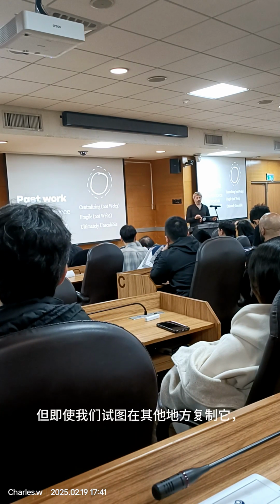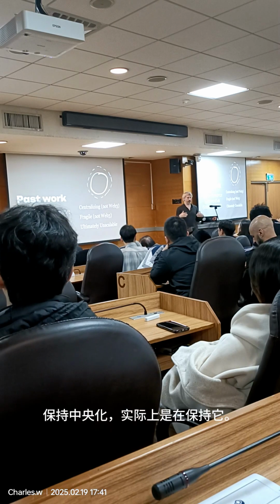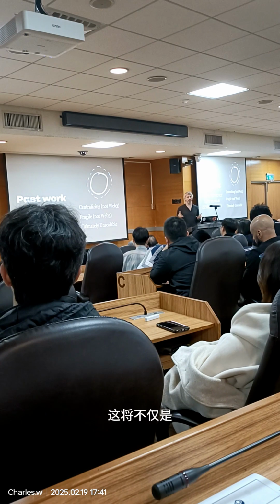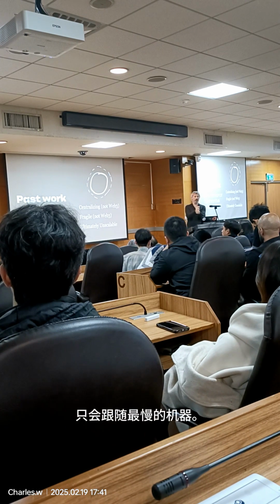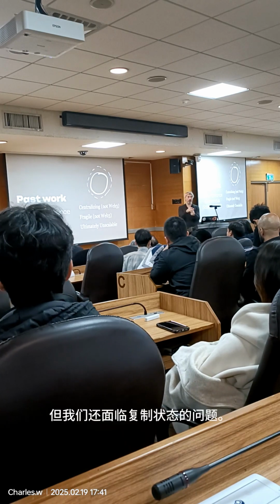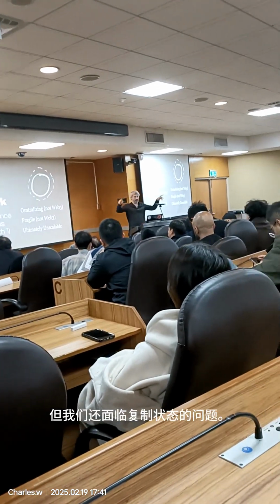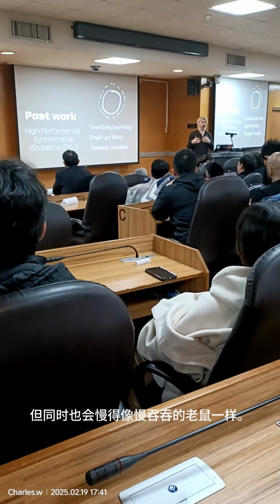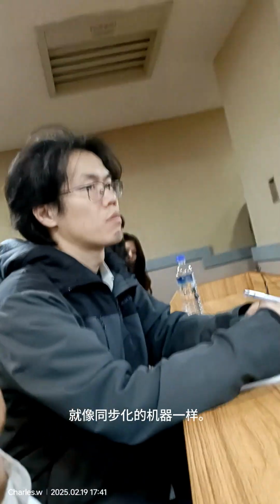But even if we do try to replicate it across and actually keep the centralization, we're not going to be able to scale, because it will only go as fast as the slowest machine that's expected to keep up, but also we have the problem of replicating state. It's as slow as that machine can keep up, but also as slow as you can synchronize with all the other machines, sending data out and receiving data back.